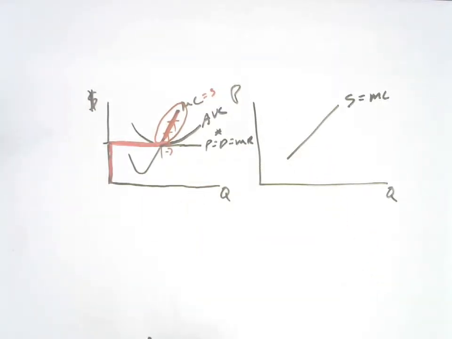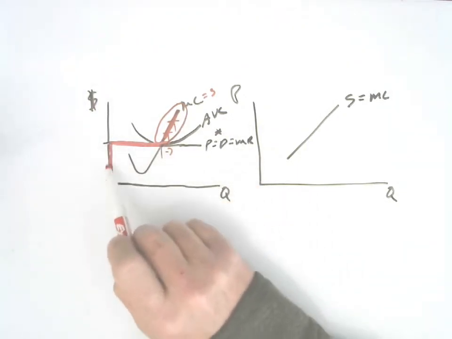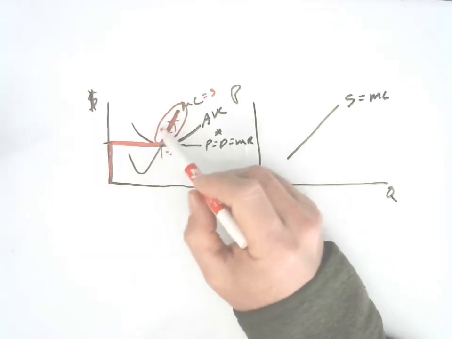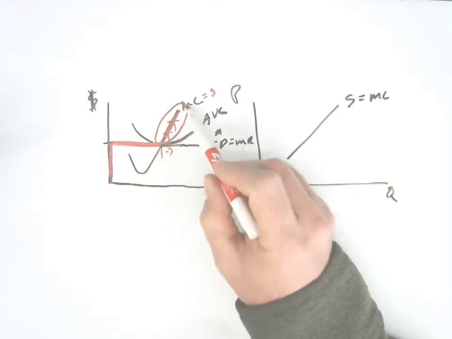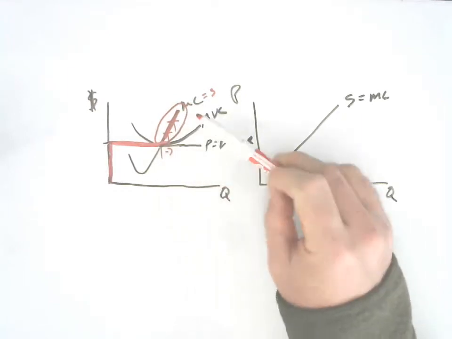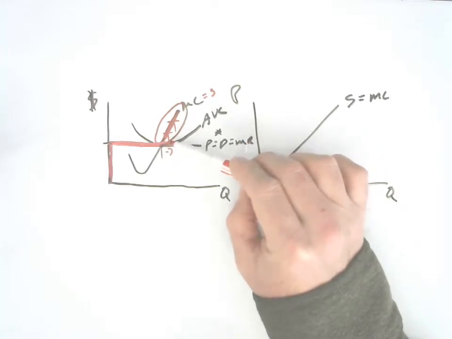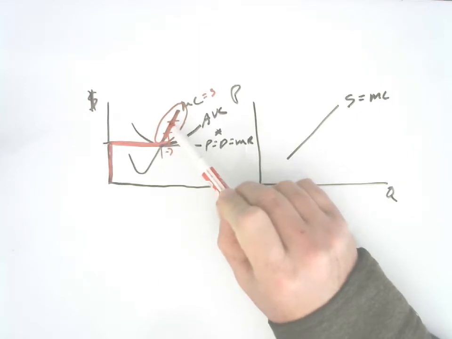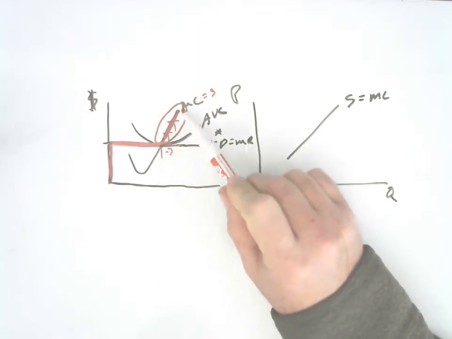So this portion of a firm's marginal cost curve is actually their firm level supply curve. Okay, the total supply curve, of course, if you want to get real detailed about it, equals this portion as well. But we only really deal with the interesting portion of supply at the firm level, which is that portion of the marginal cost curve above the shutdown point. Now, as you can see, this portion here is relatively linear.